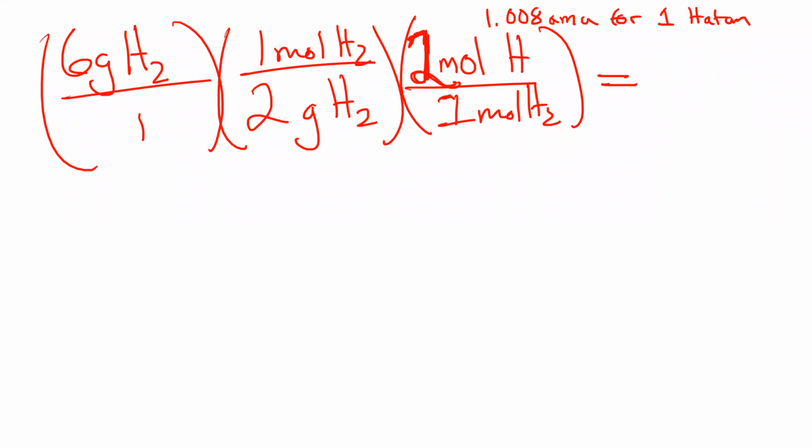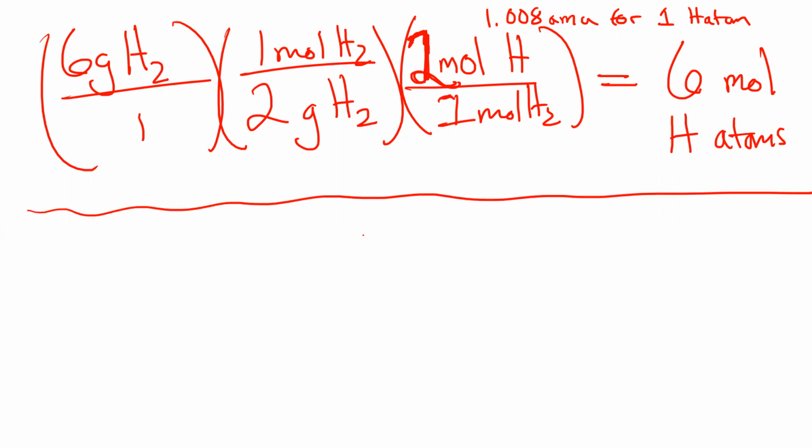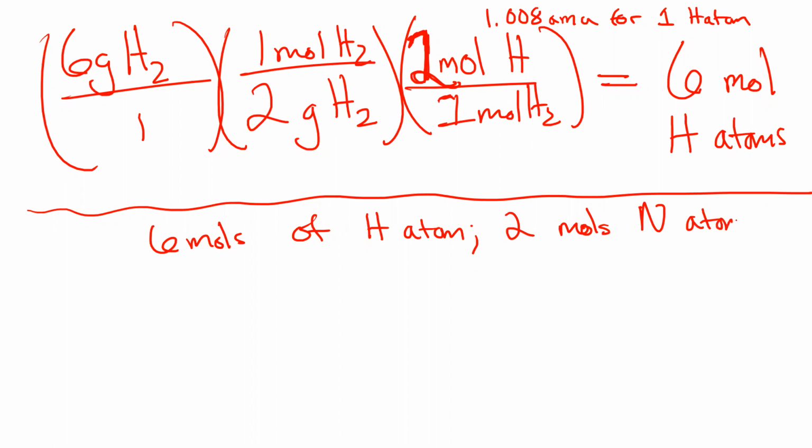Well, the 2's cancel. And you end up with 6 moles of H atoms. Okay? So we know right now that we've got 6 moles of H atoms and how many nitrogen atoms? Sorry? 2. Okay, perfect. 2 moles of nitrogen atoms.